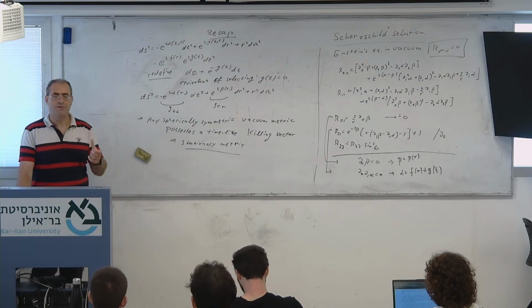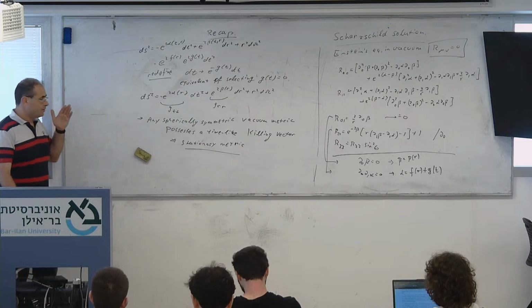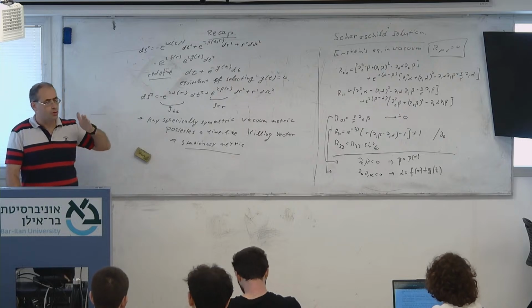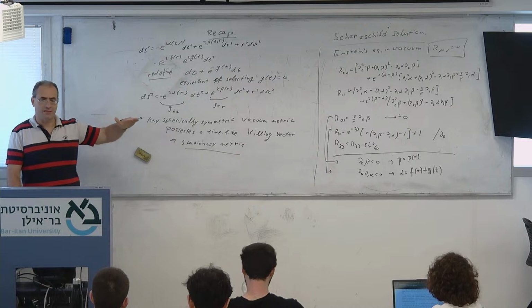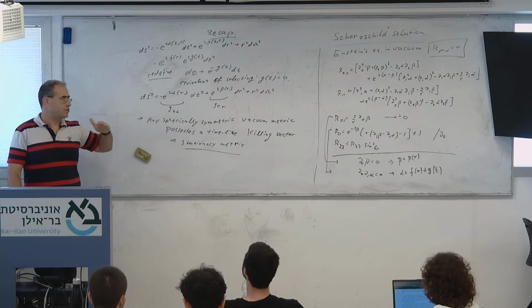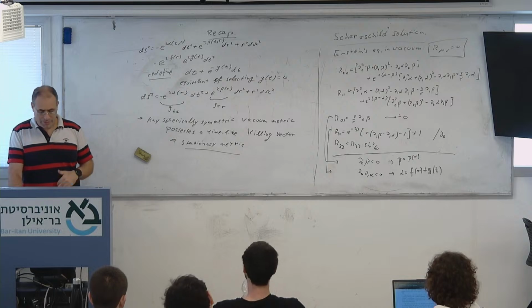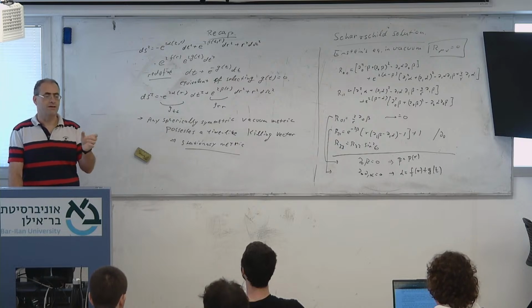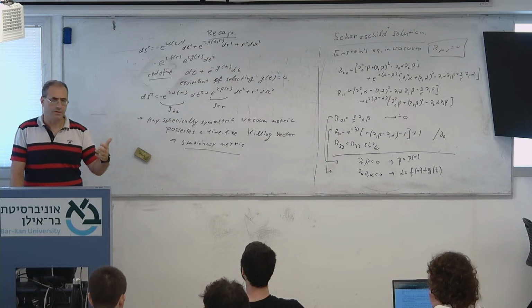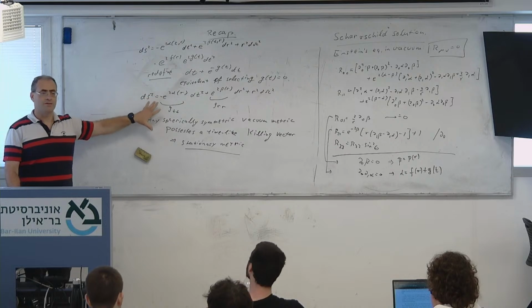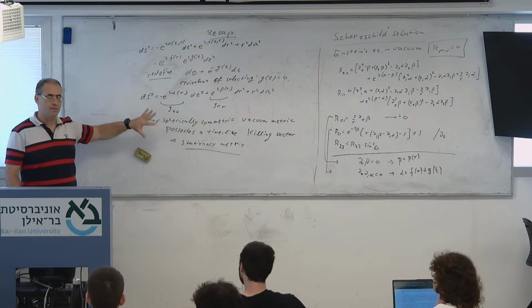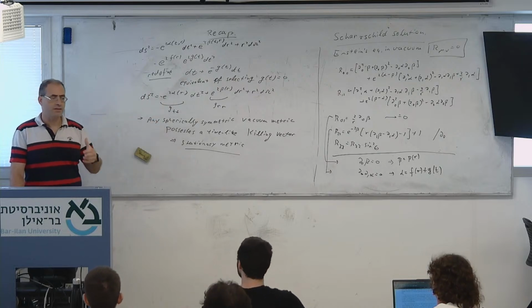A static metric is one where the Killing vector is orthogonal to a family of hypersurfaces, which essentially represent a constant time. In simpler words, a stationary metric may have cross terms of the form dt dr. For example, the metric that the sun has in the solar system is both static and stationary. The Schwarzschild metric is both static and stationary. But the difference between static and stationary can be thought of as the following.